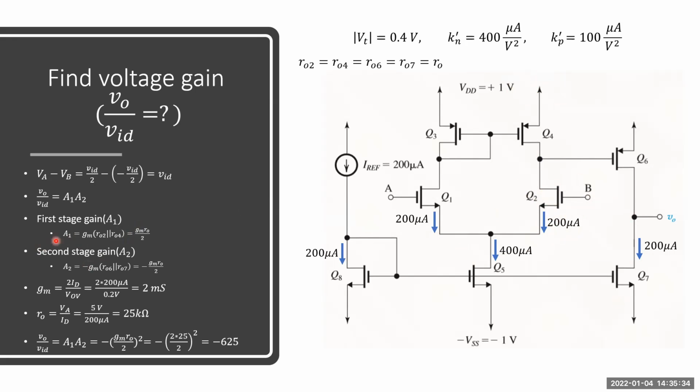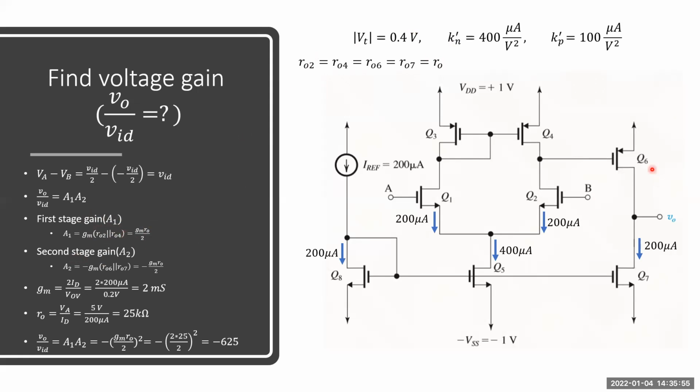Then the first stage gain equals gm times ro2 parallel to ro4. It equals gm ro divided by 2, because all ro values are equal to each other. Then ro parallel to ro equals ro divided by 2.